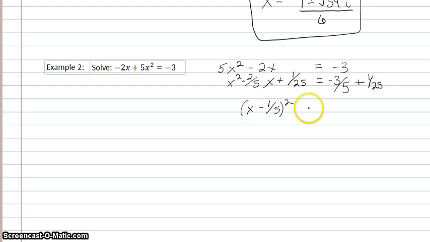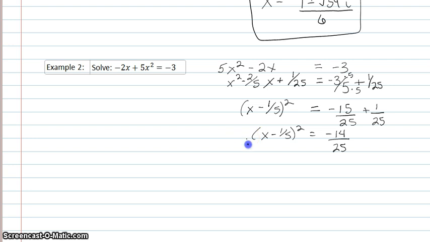So that this will then be equal to, and I'll have to get common denominators, so I have to multiply top and bottom by 5. So I'll have a negative 15 over 25 plus 1 over 25. So x minus 1/5 squared equals a negative 14 over 25.